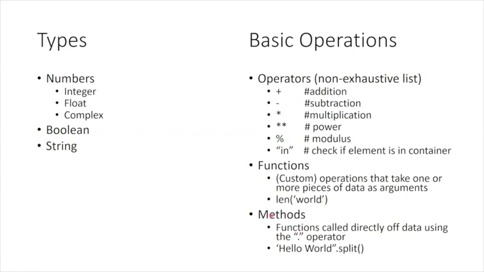Methods are functions that are called directly off the data using the period operator. For example, a built-in method in Python is the split method. If you have hello world.split, it'll split this joined string into 2 strings at where the space is. But we'll talk more about functions and methods in a little bit.